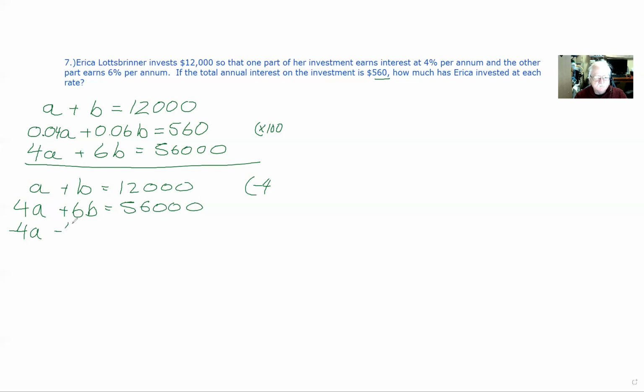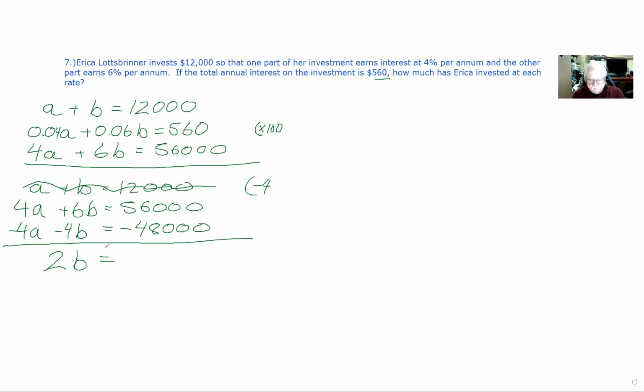Take away 4B being equal to -48,000. So now we can ignore this equation. And when we add these two equations, the A's cancel out. So +6, -4 becomes a +2B.